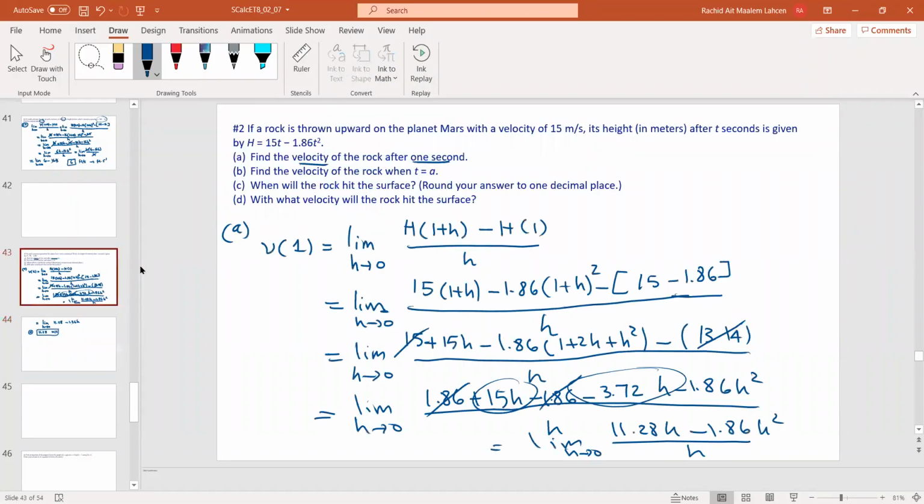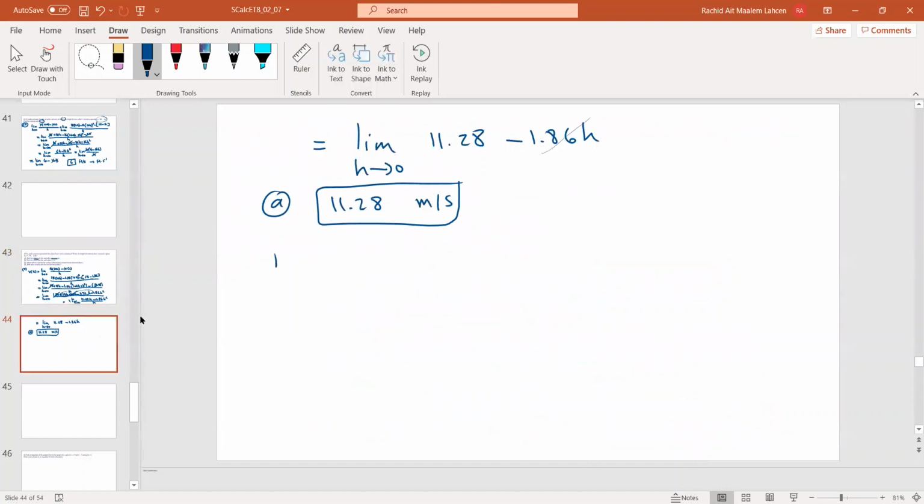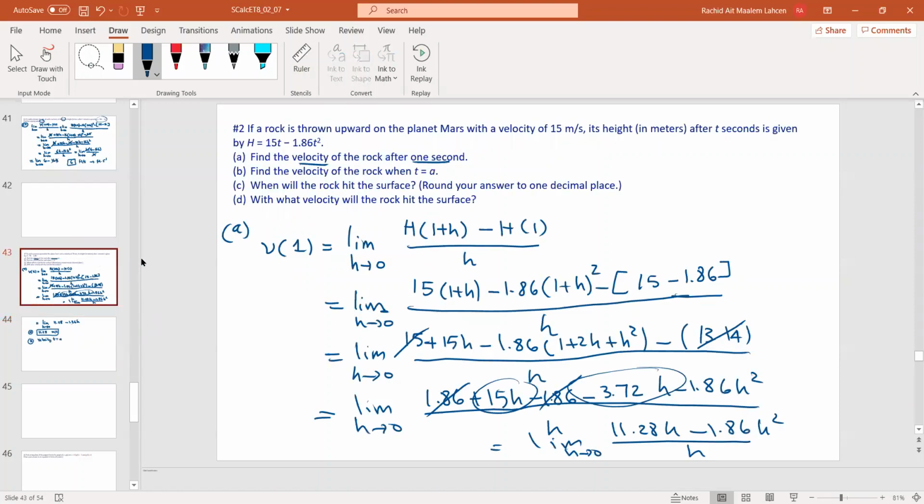And for further practice, now B asks for t equal a. So the velocity at t equal a. So we're going to do the same work except for 1. We'll use a. So we could have done B first, then put in 1 for a would be better.